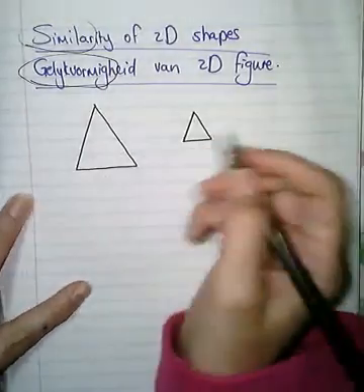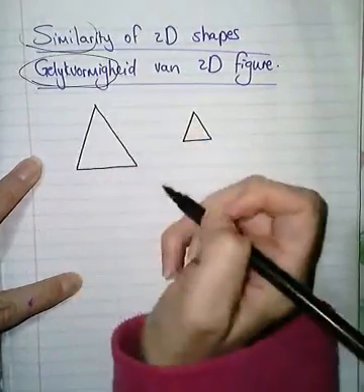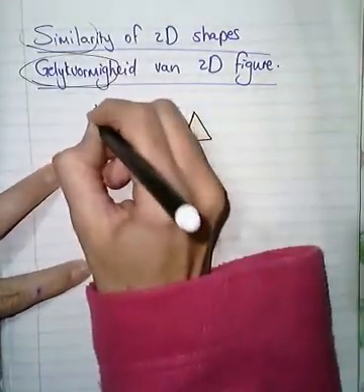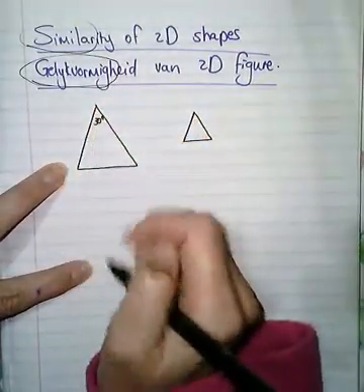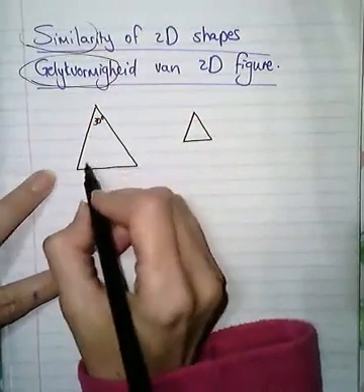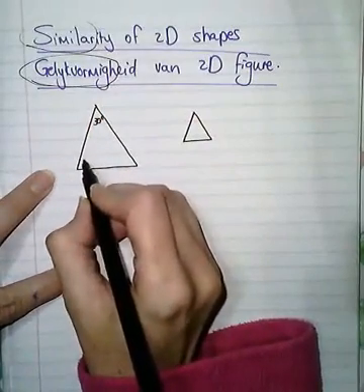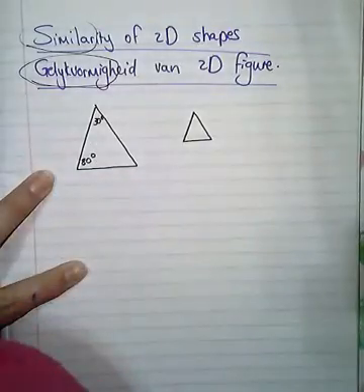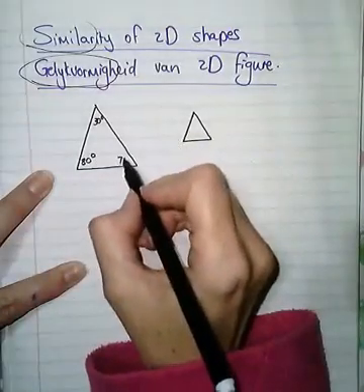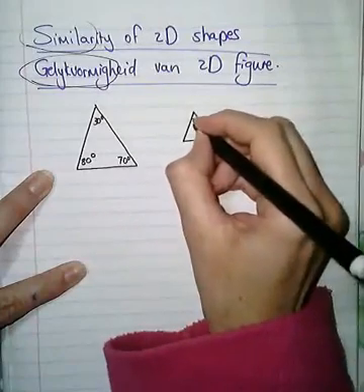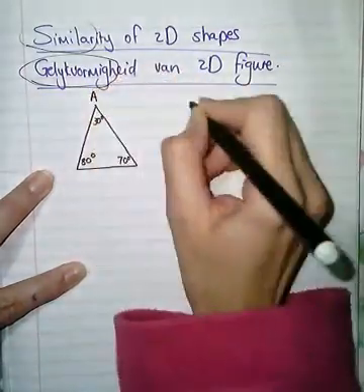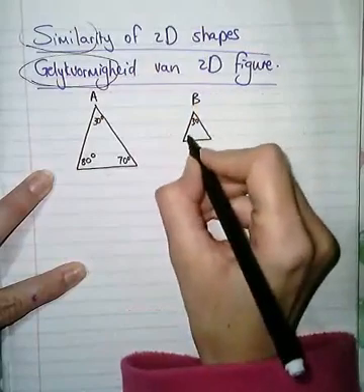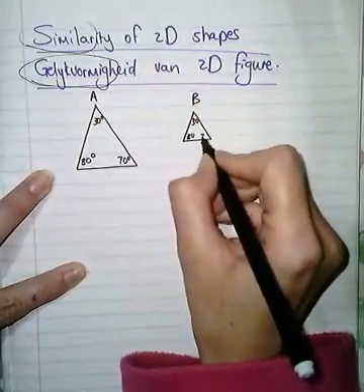Okay, so let's say, for example, we have this triangle with 30 degrees there, and let's make it 80 degrees here. That would leave 70 for there. And now here we have another triangle. Let's call this one A and that one B. 30 degrees there, 80 degrees there, and 70 degrees there.